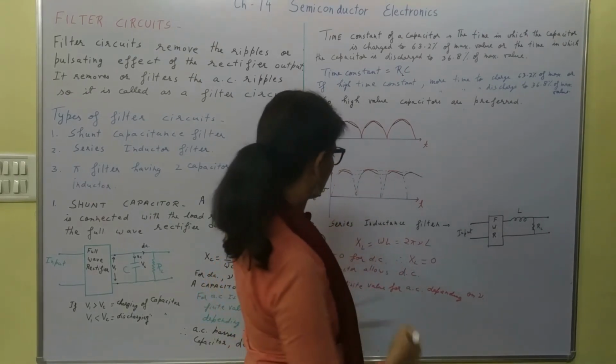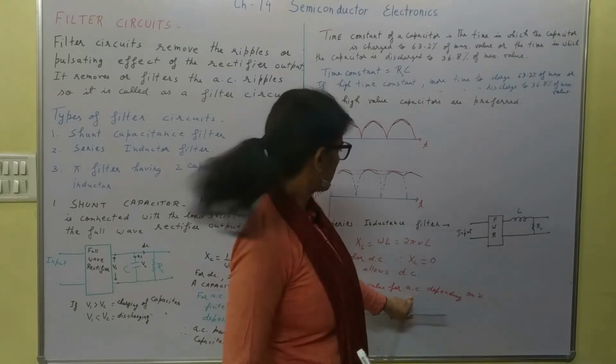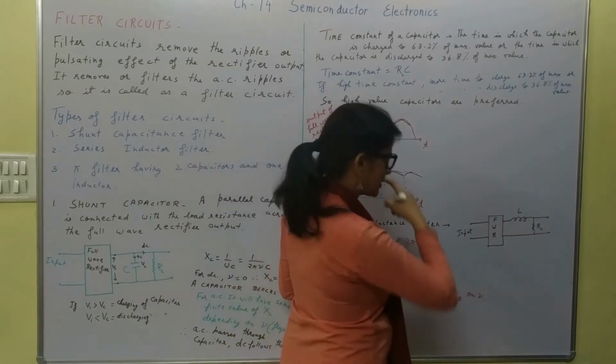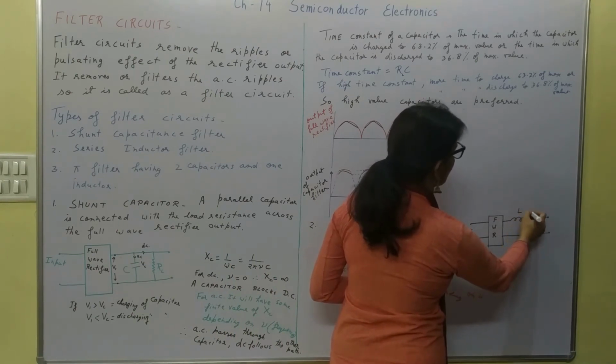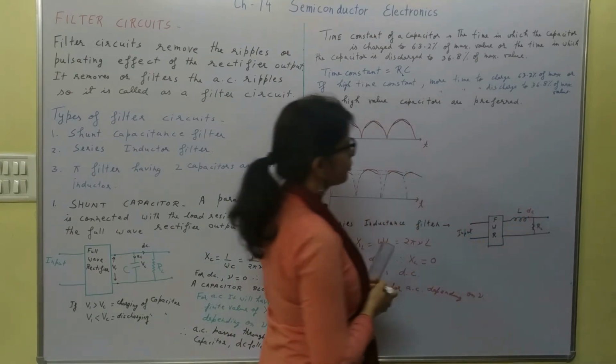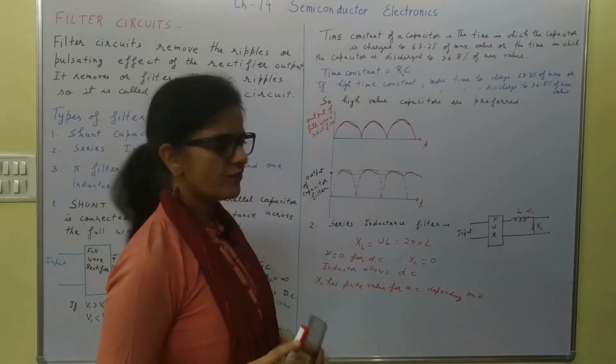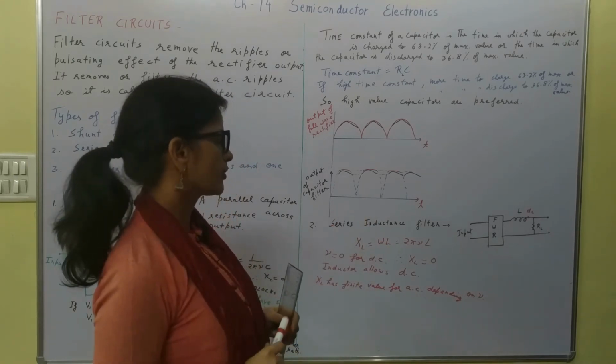So it gives opposition to AC. So that's why DC is allowed here and it passes through the load resistance and the output has DC.